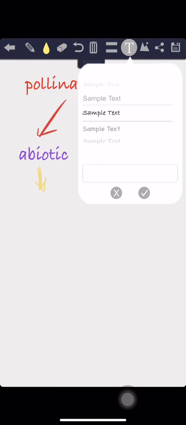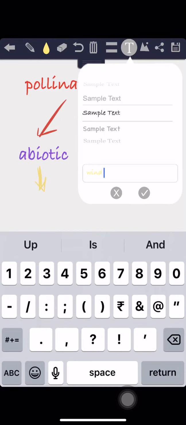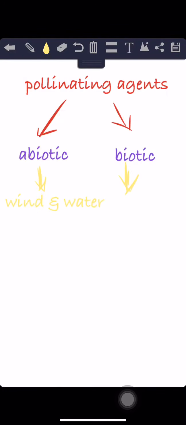So what are the abiotic agents? Wind and water. These are the two kinds of abiotic agents.